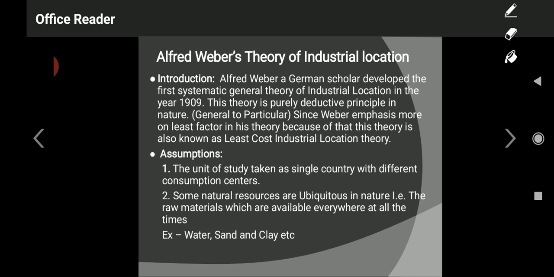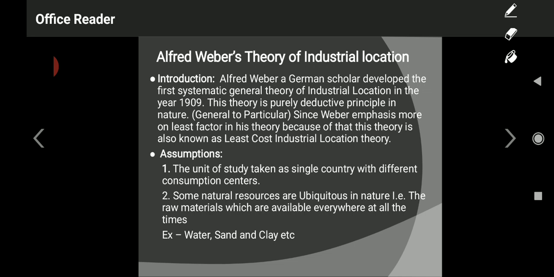In India, where to start? Again one question arises in front of you: in India, where to locate the industry. Suppose, for example, you have selected the state of Karnataka. So you are coming from general to particular.